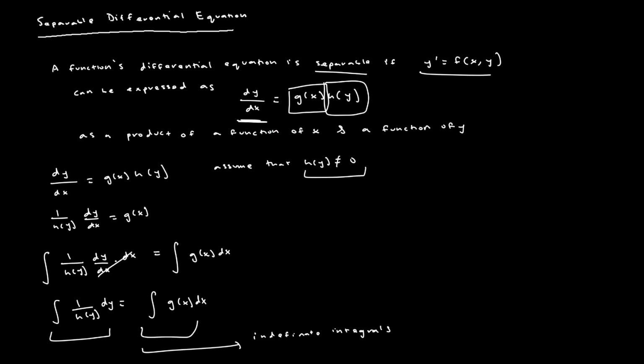And overall, that will give us the function that led to the original differential equation. So that's the whole idea behind separable differential equations. And let's see now a concrete example. Problem 1. We're given dy over dx is equal to 2x times (1 plus y squared) times e to the power of x squared.